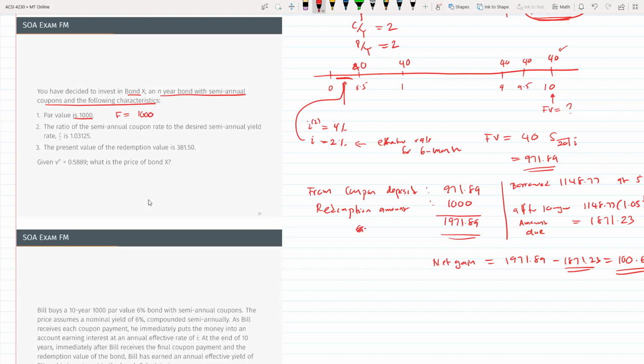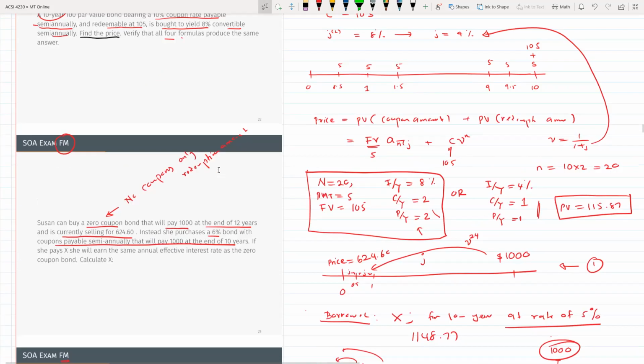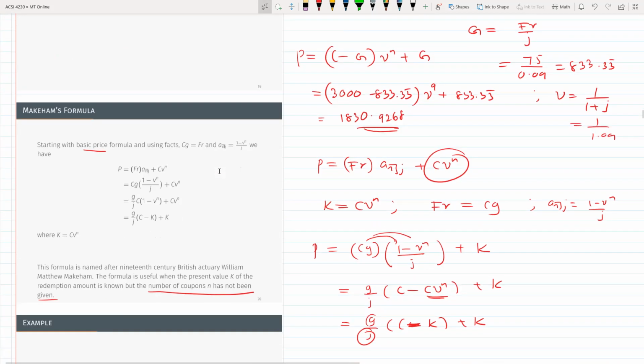The present value of the redemption value is 381.50, that is Vn times the price of 1. When I see this kind of present value of redemption amount, right away my mind goes to the last formula we learned, the Makeham formula. So let's go to that formula.